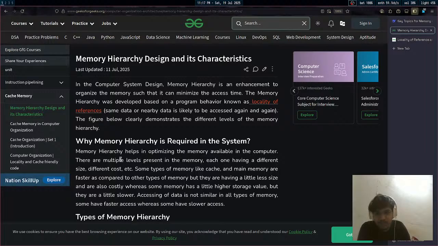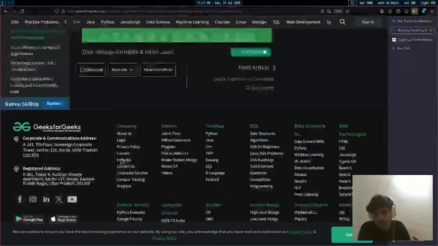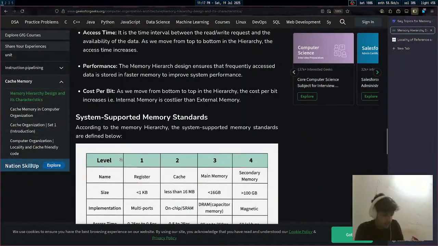I think I should define memory hierarchy much more properly, right? What I explained in my notebook is not enough, so I think I should write it again.